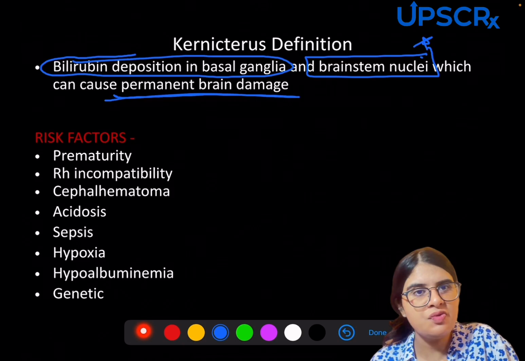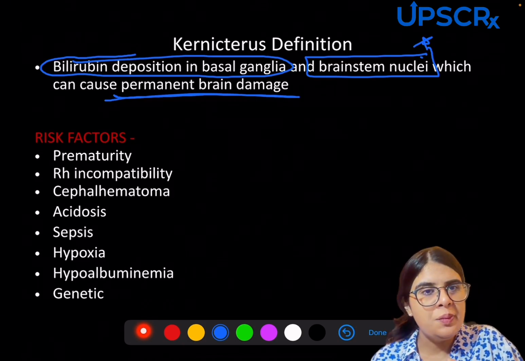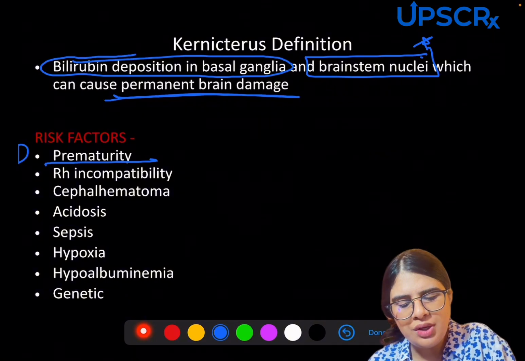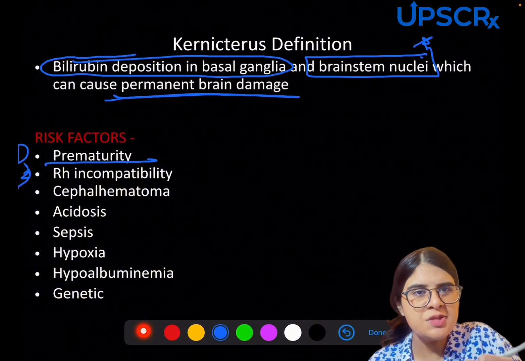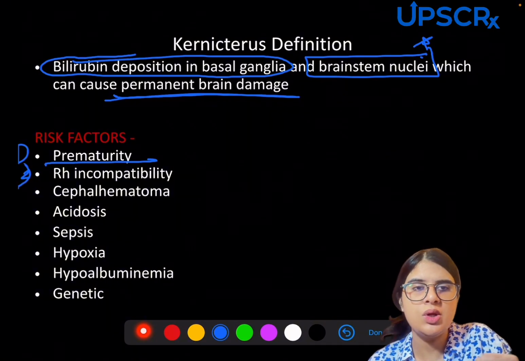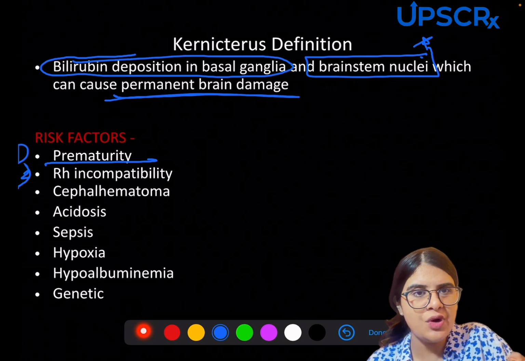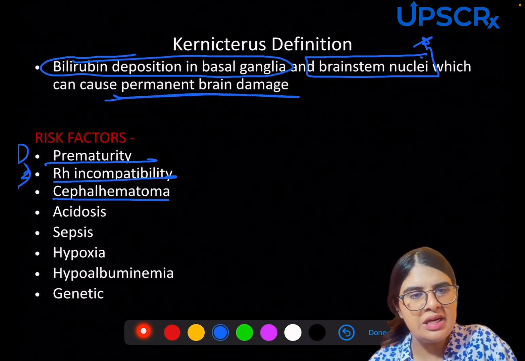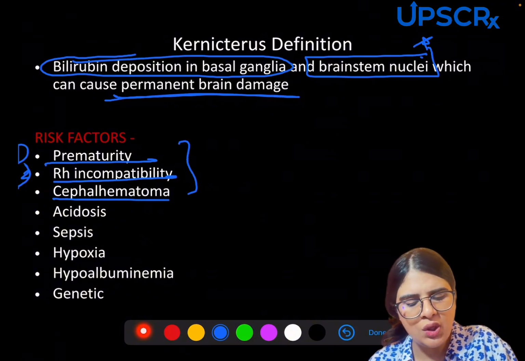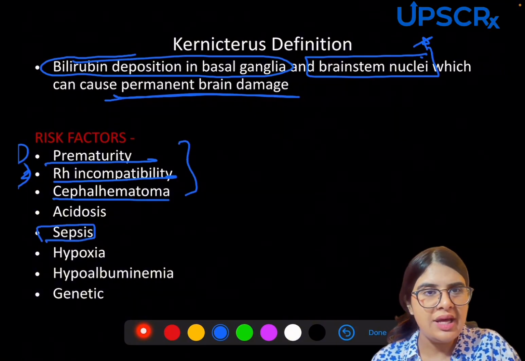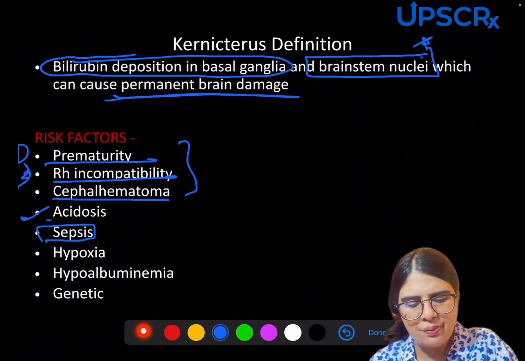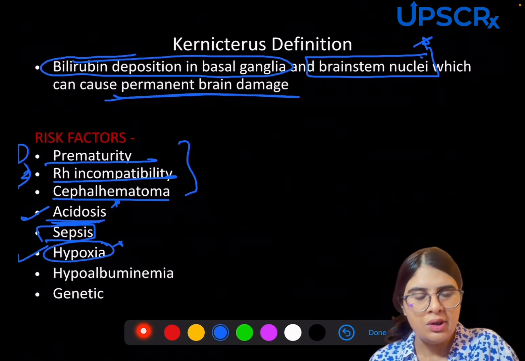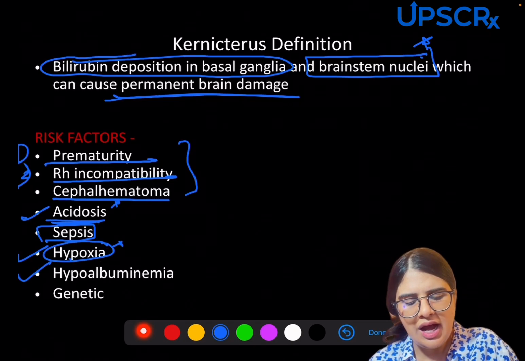What are the risk factors of kernicterus or bilirubin encephalopathy if they ask you? The same risk factors will be there. If they ask what are the predisposing factors for bilirubin encephalopathy or kernicterus, you have to answer the same things: prematurity, Rh incompatibility, cephalhematoma, sepsis, which you already know. Extra things that you have to remember are acidosis, hypoxia, and hypoalbuminemia.